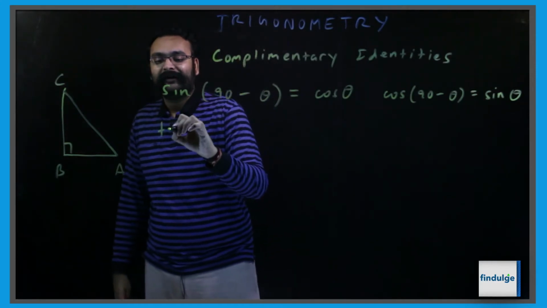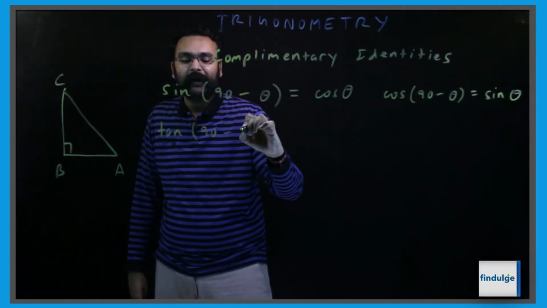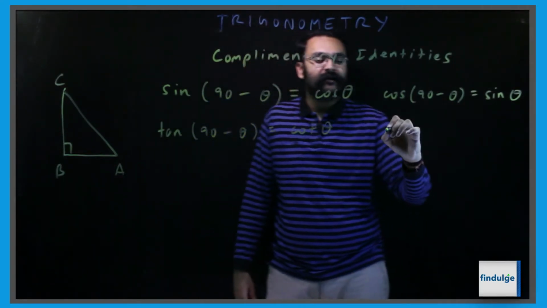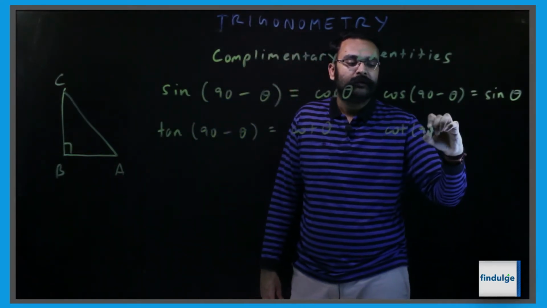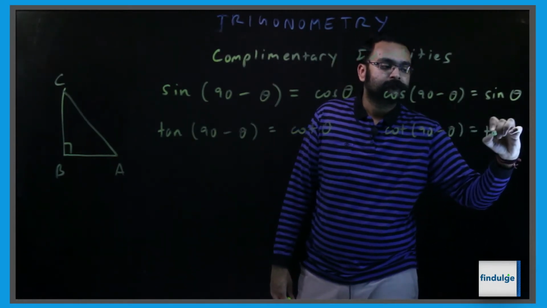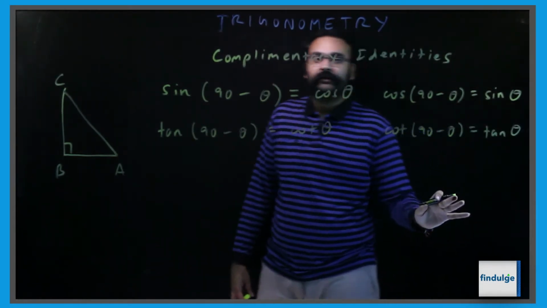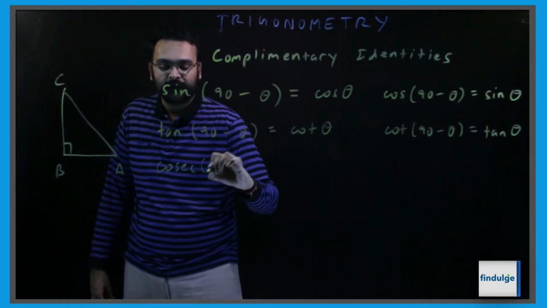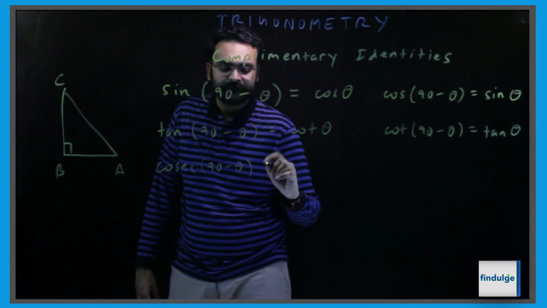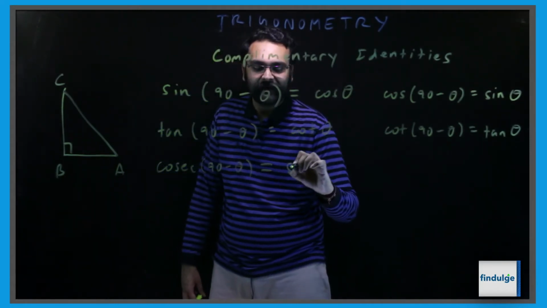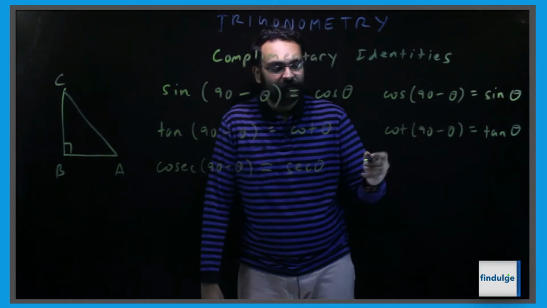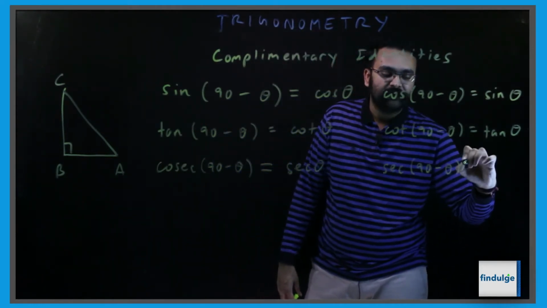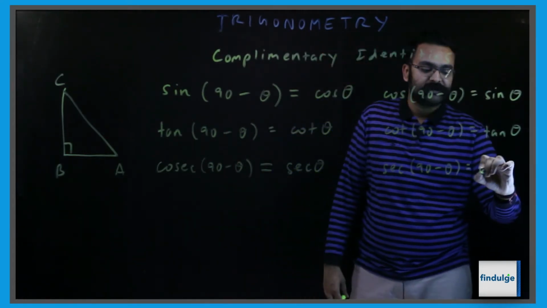Next, tan 90 minus theta is equal to cot theta, and cot 90 minus theta is equal to tan theta. And finally, cosec 90 minus theta is equal to sec theta, and of course sec 90 minus theta is equal to cosec theta.